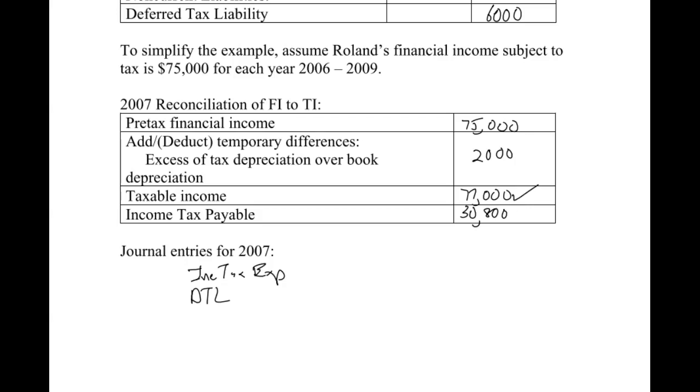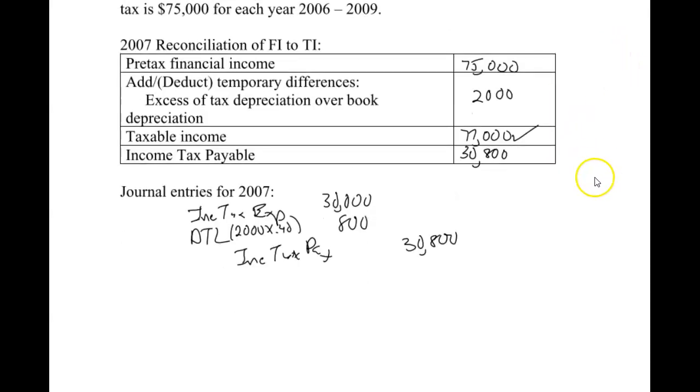This is the reduction of a deferred tax liability and income tax payable. We said that was $30,800. Remember, this is the tax on the difference, which is $800. So income tax expense is the net of the current and deferred taxes, so we've got the $30,800 there.